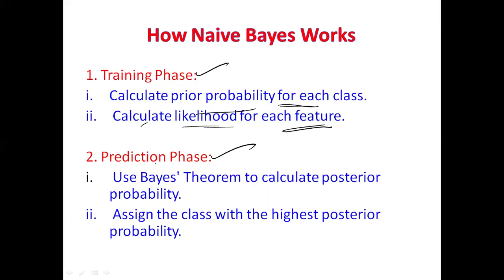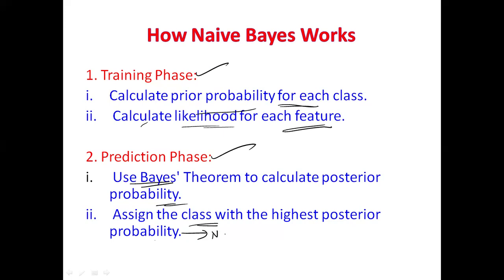Next, in the prediction phase, it applies the Bayes theorem to compute the posterior probability for each class, and then assigns the class label with the highest posterior probability to the new data point.